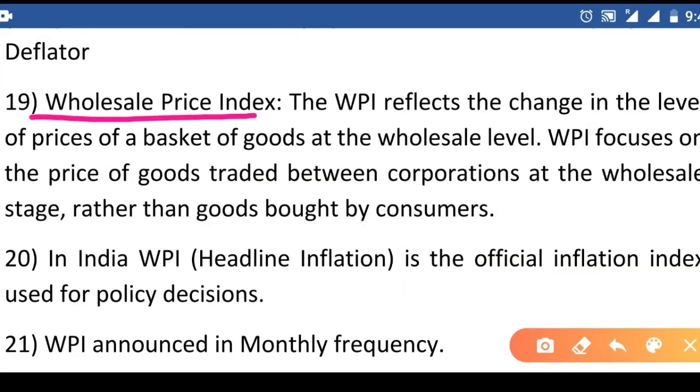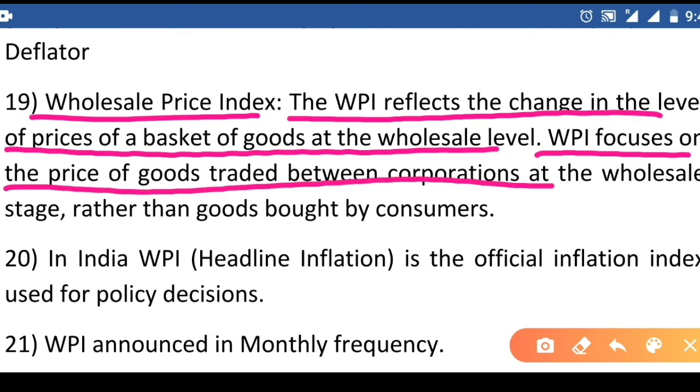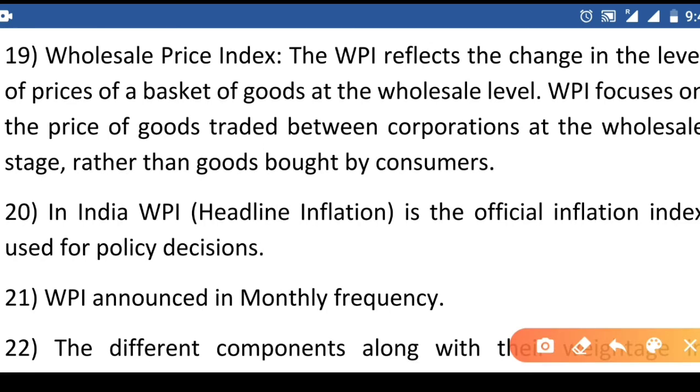Wholesale price index. The wholesale price index reflects the change in the level of prices of a basket of goods at the wholesale level. It focuses on the prices of goods traded between corporations at the wholesale stage rather than goods bought by consumers. Whenever the prices are calculated at the wholesale level, that is the wholesale price index.